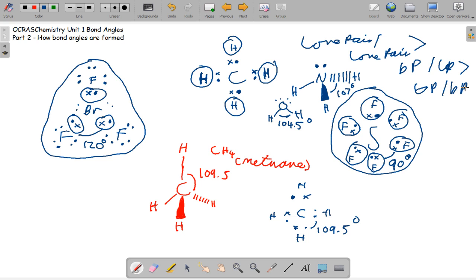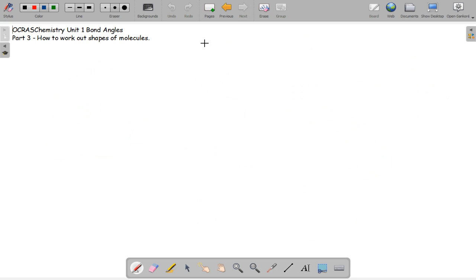That's the order that you need to remember them, and in order to tackle any kind of question, it's best to draw a dot and cross diagram to see exactly what's going on in your molecule.